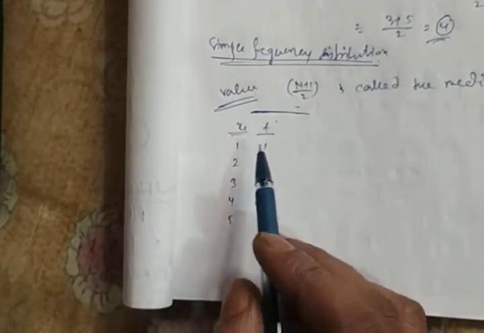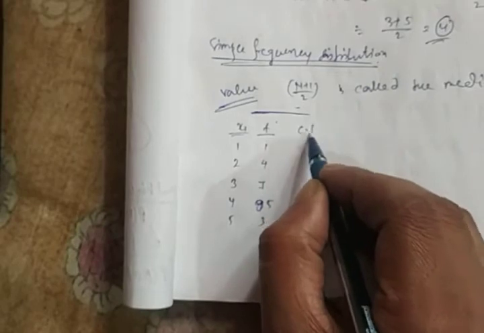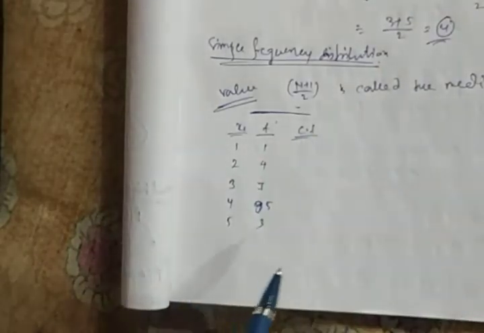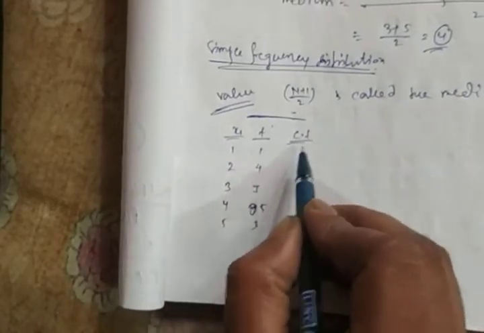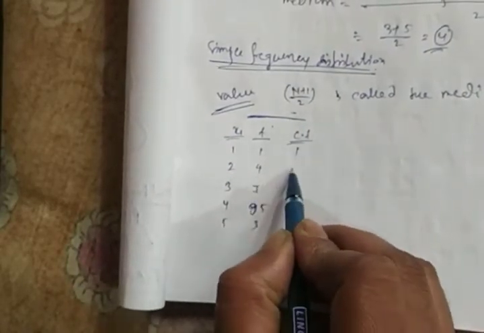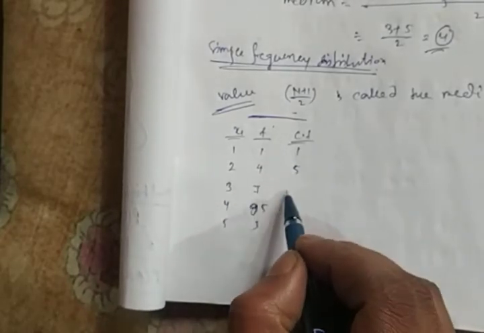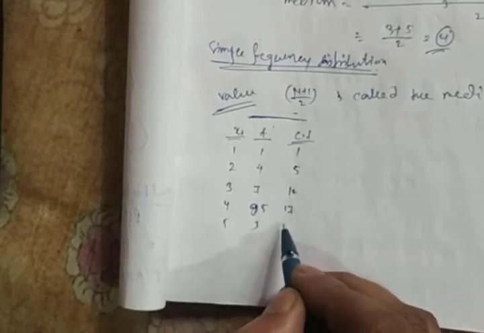This is a simple frequency distribution, so we have to find the cumulative frequency, that is CF. We will prefer the less than type cumulative frequency. First 1, next 1 plus 4 is 5, next 7 plus 5 is 12, next 12 plus 5 is 17, and then 20.